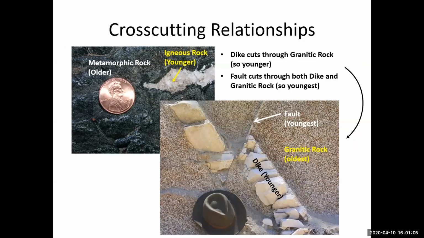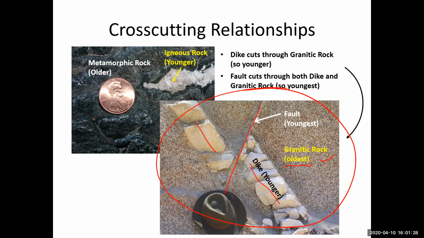Here are just some other examples. This is a cross-section that I saw along the highway coming back from Big Bear a few years ago. In this case, we have some granitic host rock, that's the oldest, and we have both a dike here and here, and a fault. And it's just a textbook example. Can you see that the fault cuts through the dike?